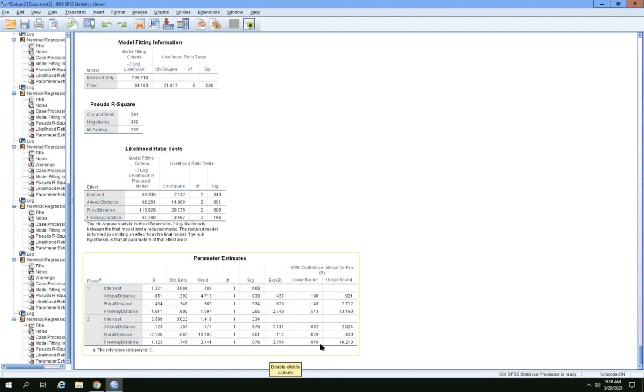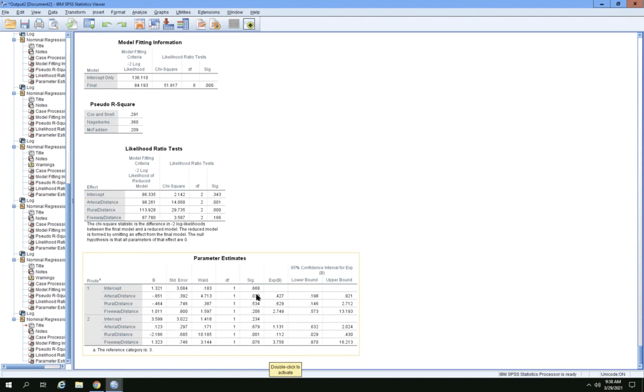Interestingly, it also constructs 95% confidence intervals here. These are confidence intervals around the odds ratios, around that exponential of beta. In this case, we want to check whether or not these intervals include the number 1.0. This odds ratio ranges from 0.198 to 0.921, and so it doesn't include 1, which means there's a significant difference there.